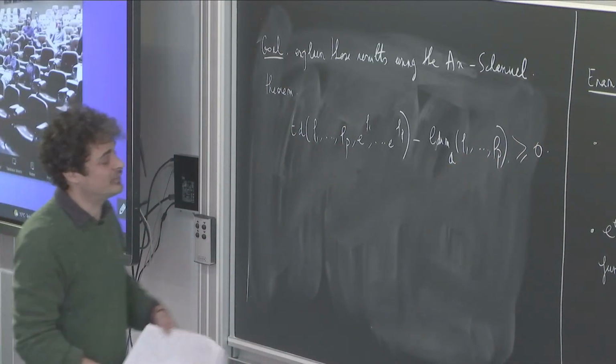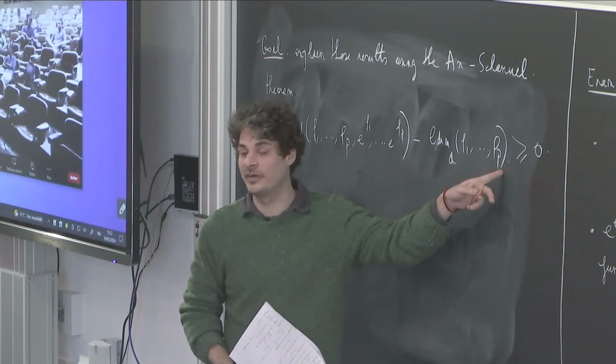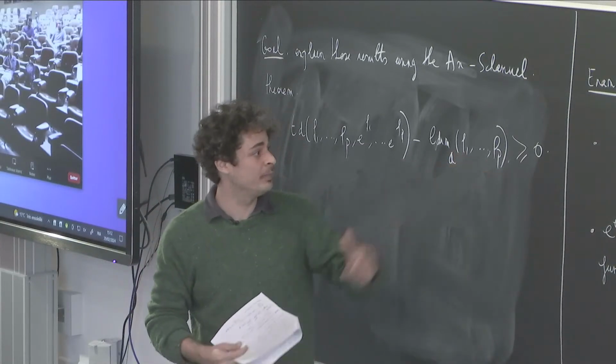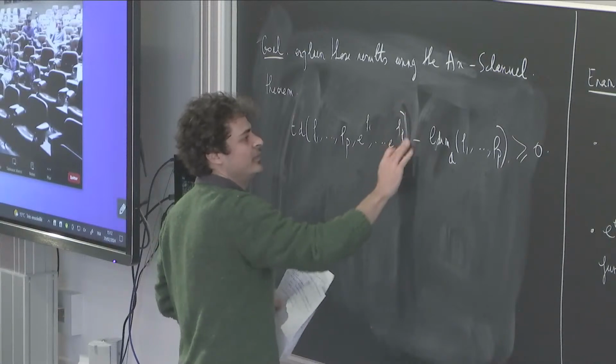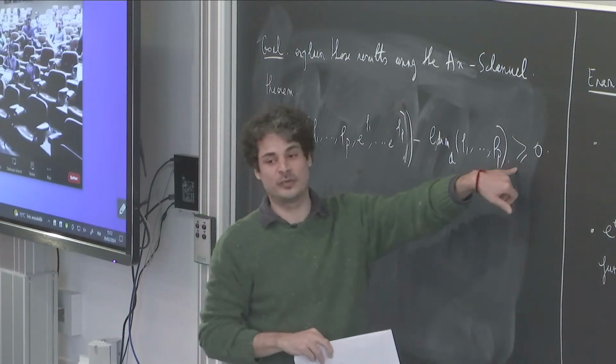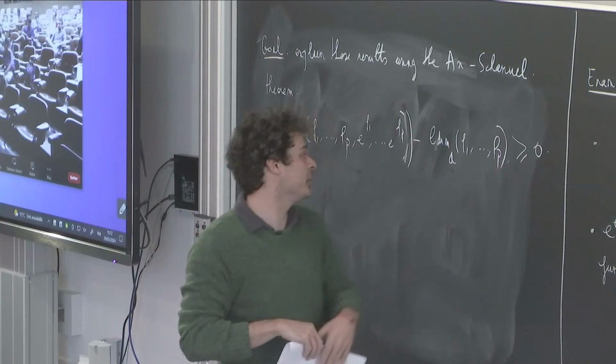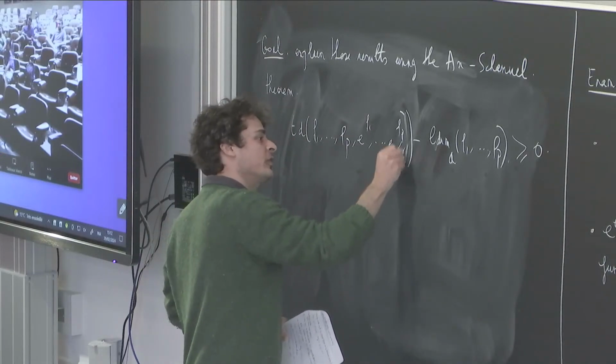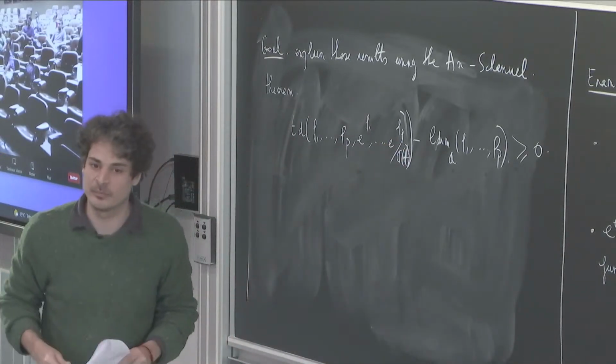What I stated previously is that if these functions are Q-linearly independent, then this is equal to p, so the transcendence degree over C of t is greater or equal to 1. I'm computing the transcendence degree over C of t.